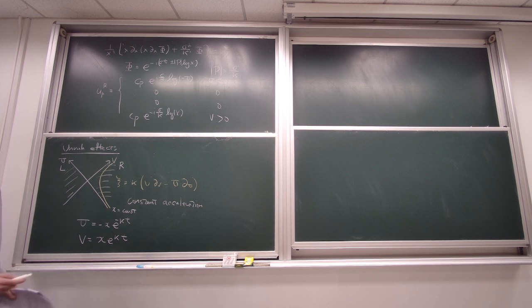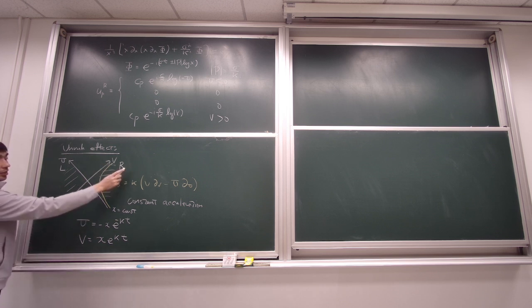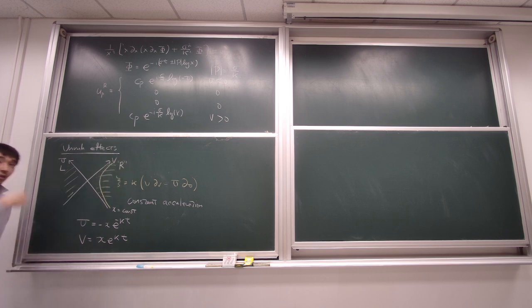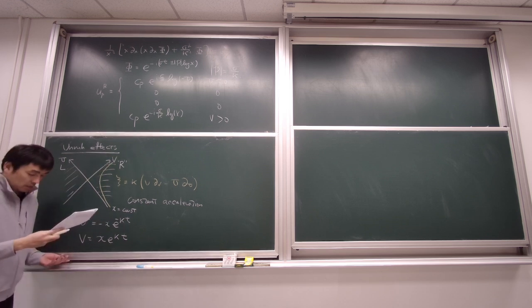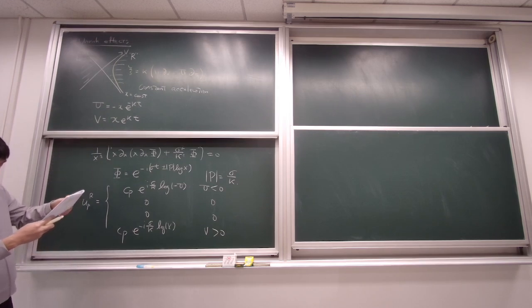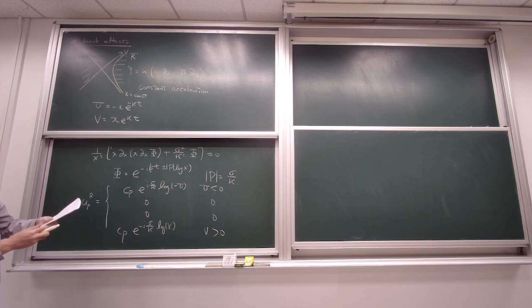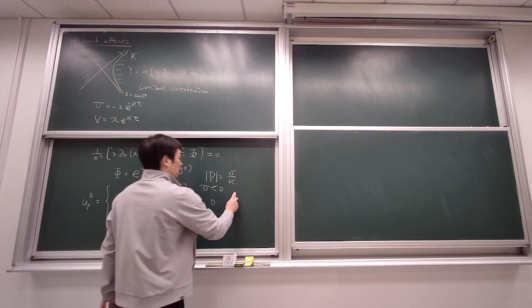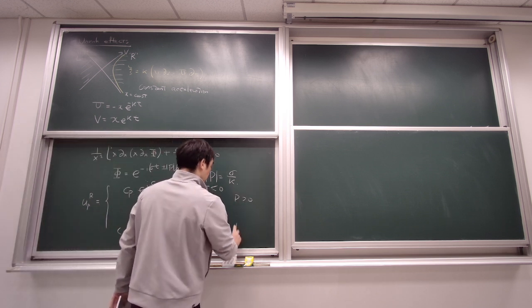So here U has to be negative. So this region, the right Rindler wedge, has U negative and B positive. So here p is greater than 0 and p is less than 0.